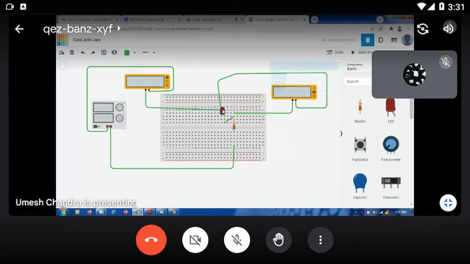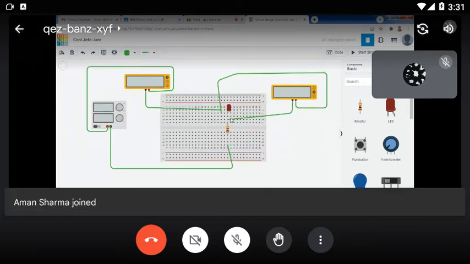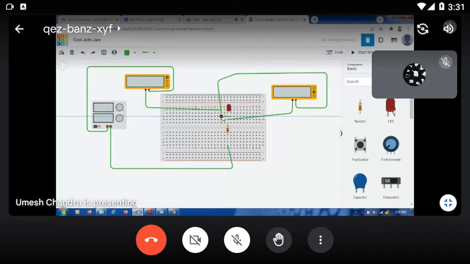And the anode is connected here. So now the LED is blue. This is the red LED.